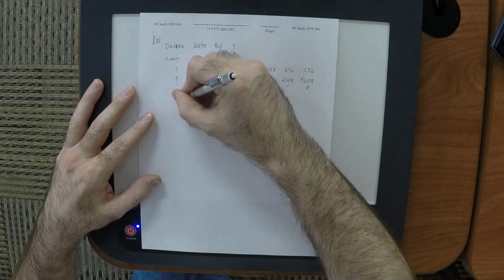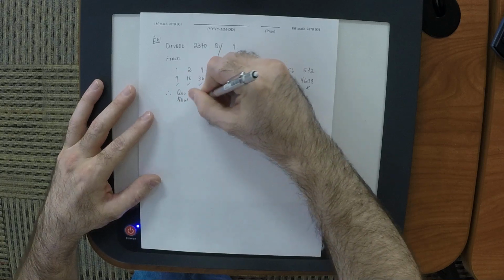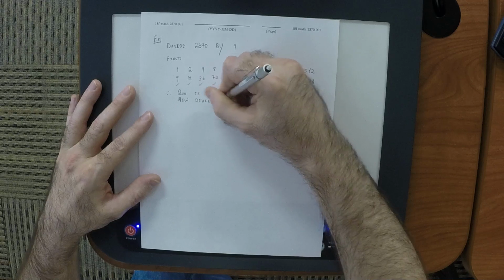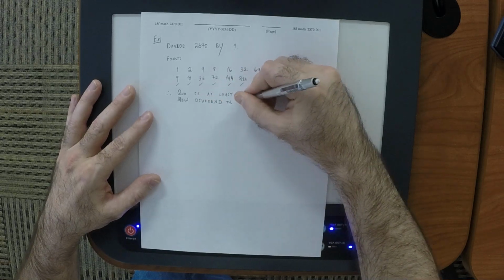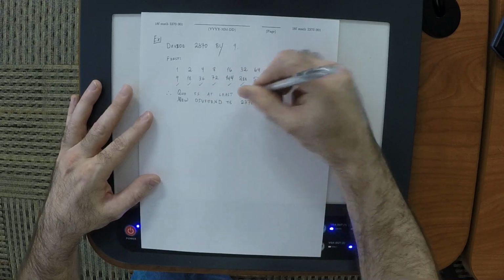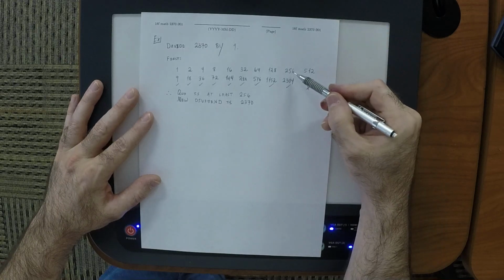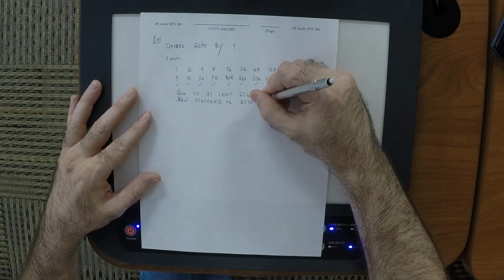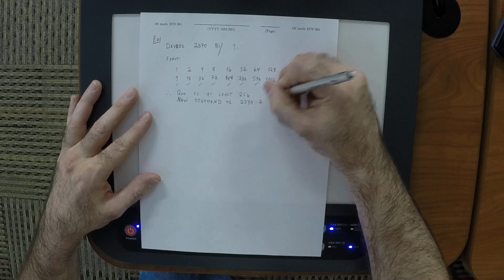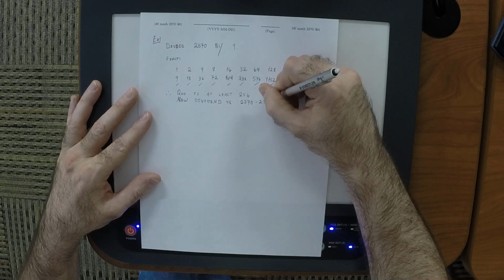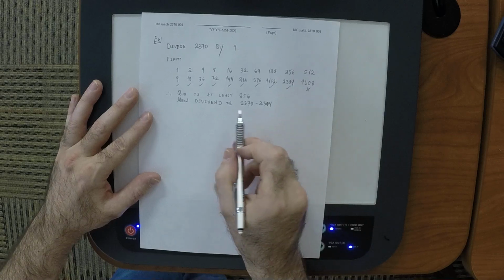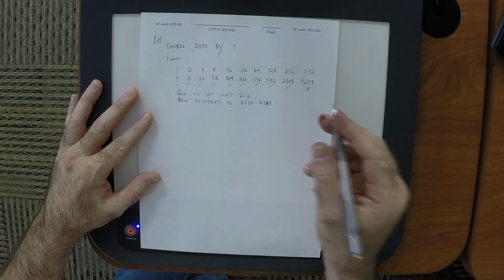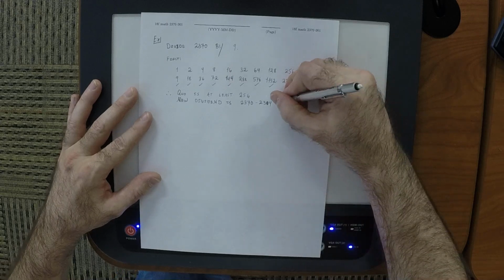So the new dividend is, well, we had 2370, and we took away 256 nines, and that's 2304. And what's that? 66? Is that right? Yeah, 66.